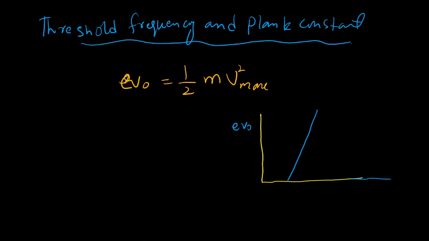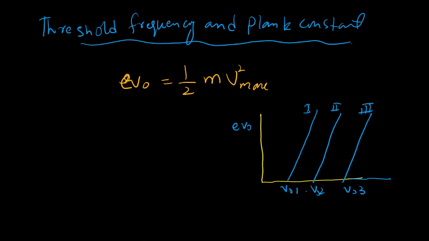We repeated this experiment for 3 different metals, metal 1, metal 2, and metal 3, with threshold frequencies mu naught 1, mu naught 2 and mu naught 3.